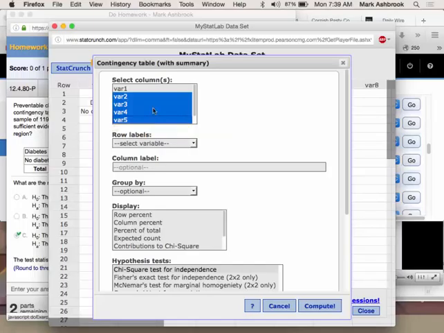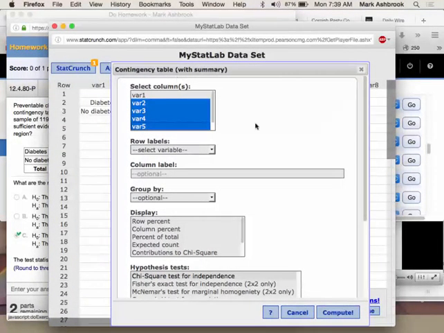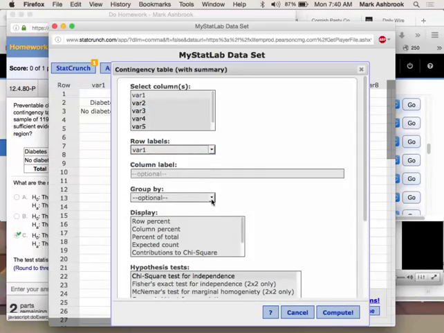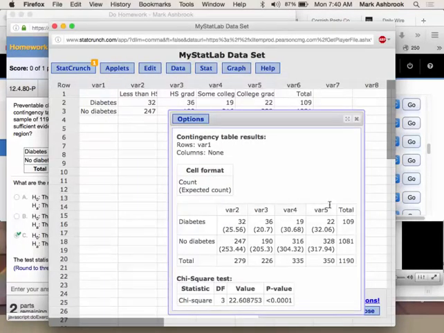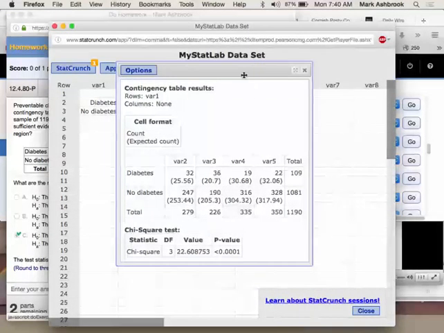But was 5 the totals, or was 6 the totals and 5 was the data? Okay. So row labels is variable 1, and then expected count, chi-square test. Okay, this is better. See the difference? It just thought that was another row of data, and it made its own total column, including the total row, so that's not going to give us the right results.